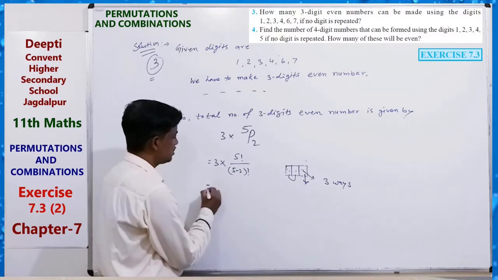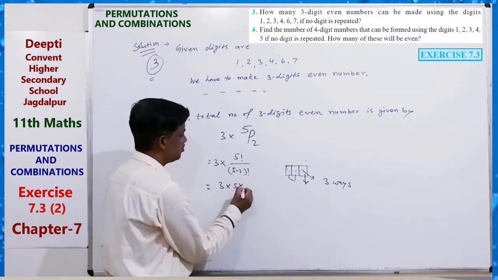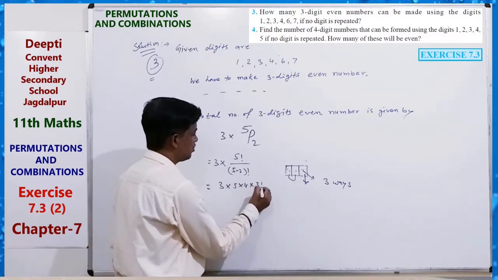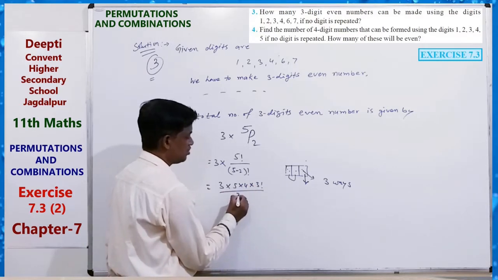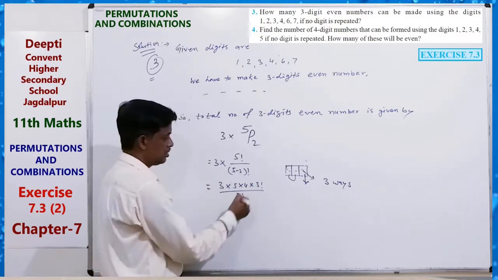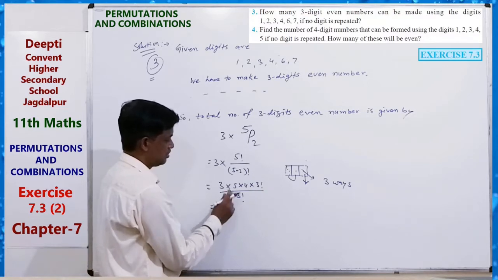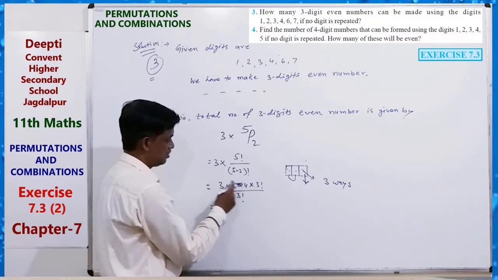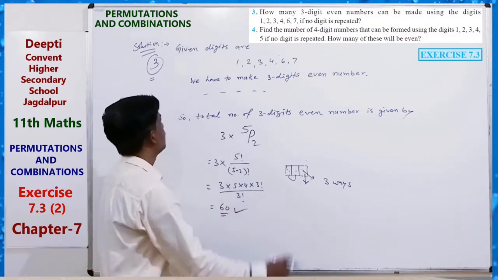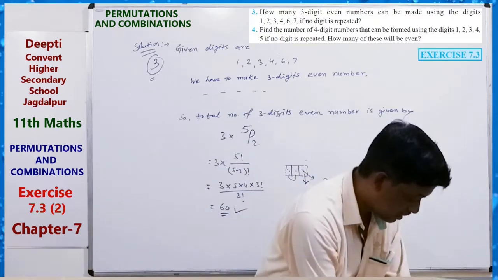So here, 3 into 5 into 4 into 3 factorial upon 3 factorial. 5 minus 2 is 3 factorial, 3 factorial cancels, giving 60. So 60 numbers are there.